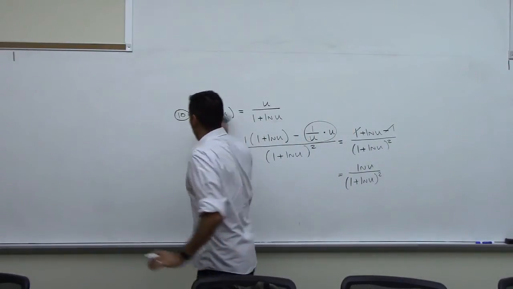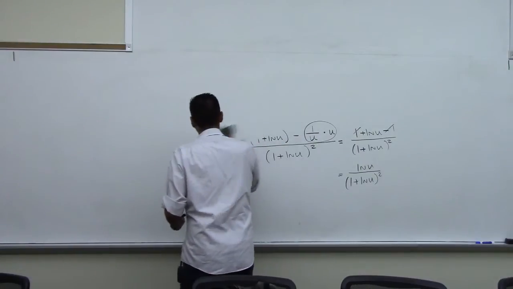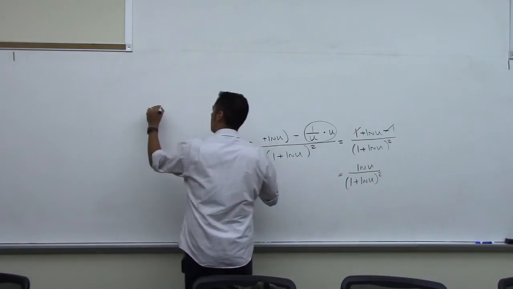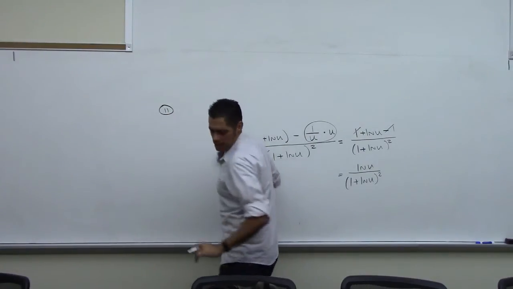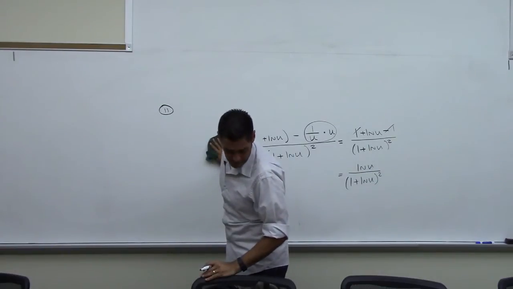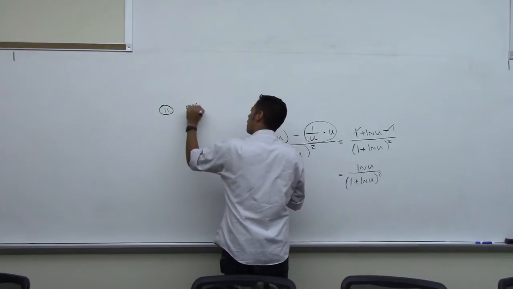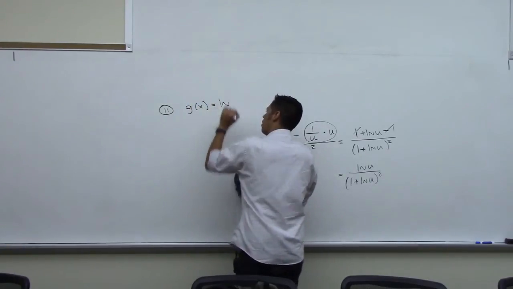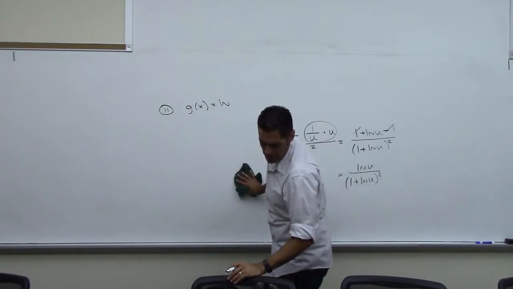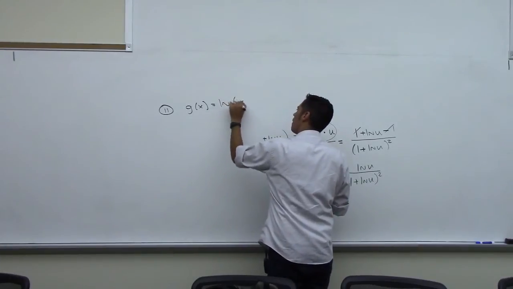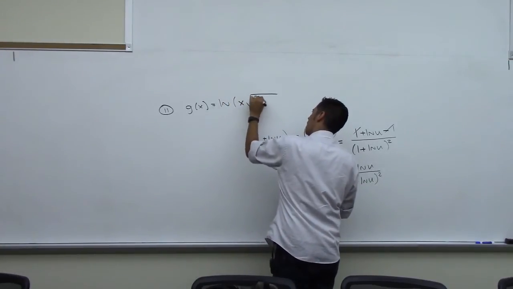All right, number 11. We have g of x equals natural log of x times the square root of x squared minus 1.